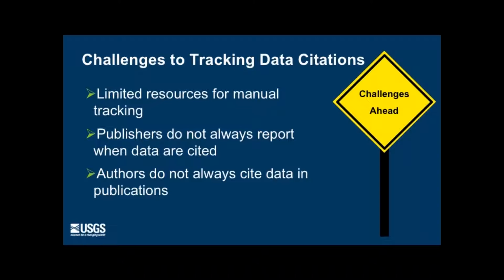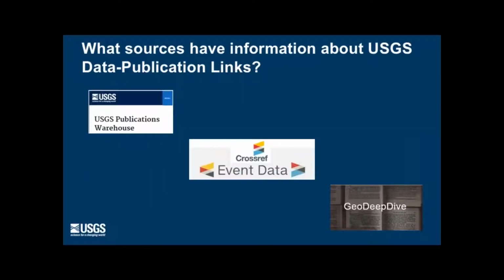So we are able to mine the full text of articles for references to DOIs with the 10.5066 prefix. And GeoDeepDive will return articles with those hits, as well as a snippet of information around that mention to provide a little context so we can see, is this actually a DOI or a reference to some data?